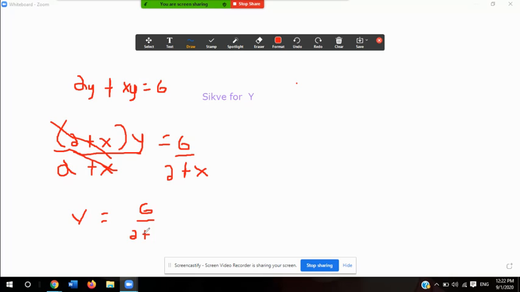Now we're going to do the second part of the problem, which I'm going to type in a minute. And again, we'll call this part A. And the second part of the problem is to find the value of y when x equals -3.